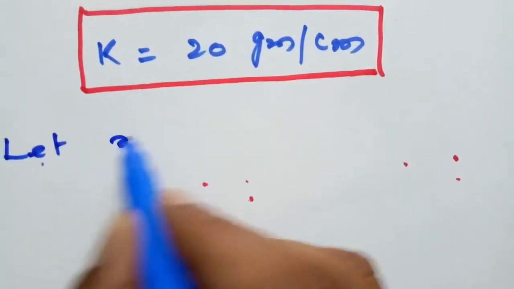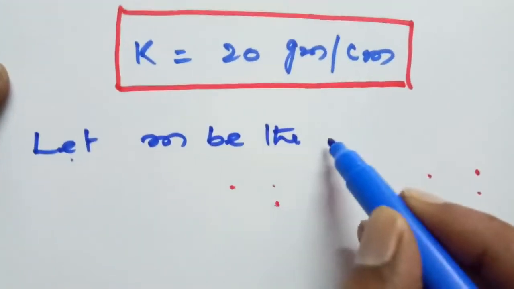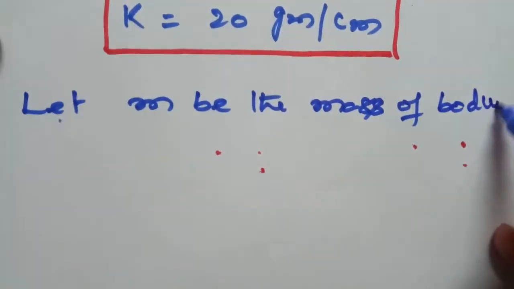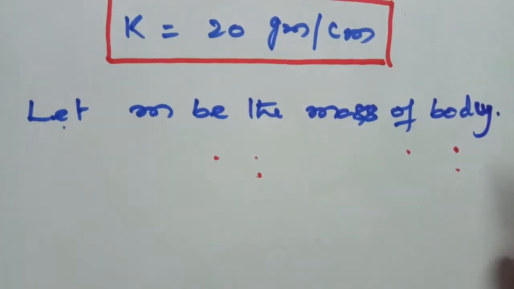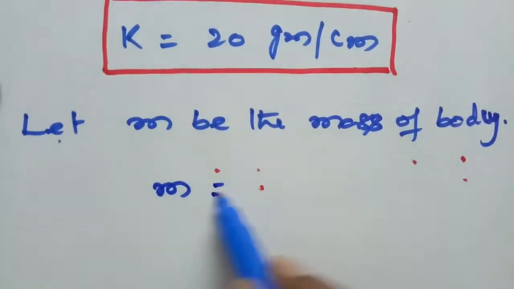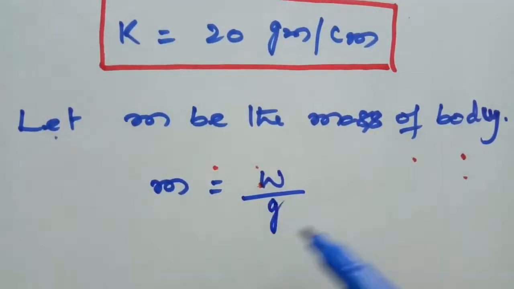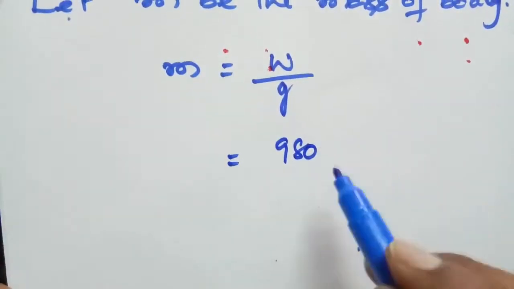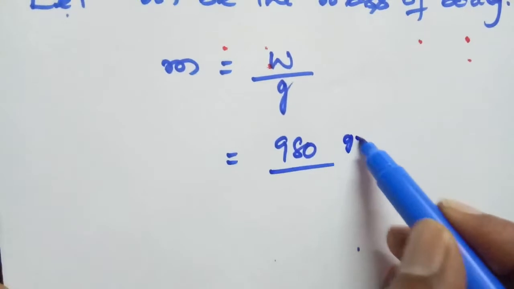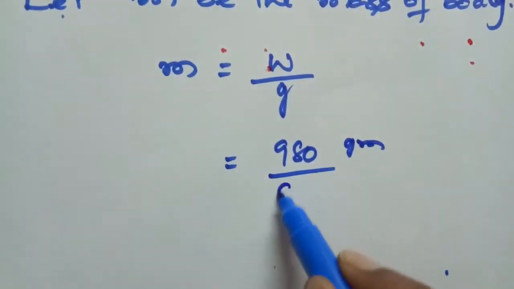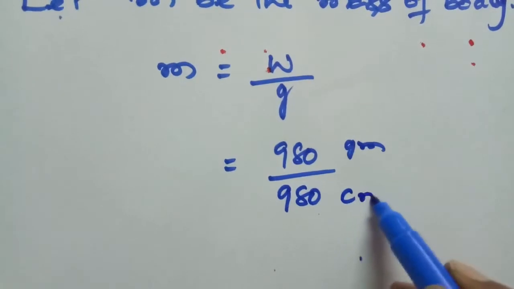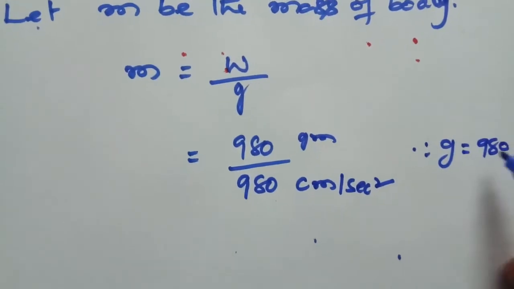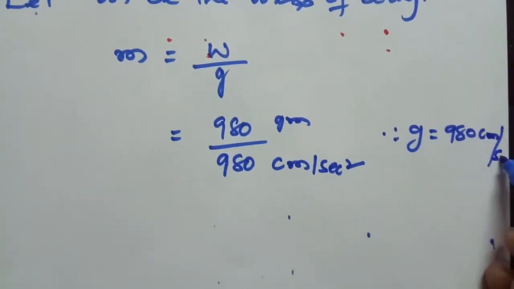Let M be the mass of the body. Now, M is equal to weight by acceleration due to gravity. Here, weight is 980 grams and g is equal to 980 centimeters per second square.